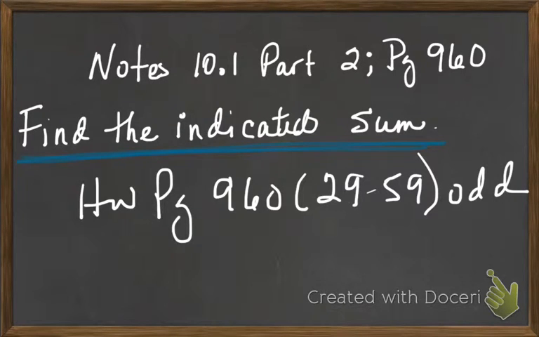The directions are going to say find the indicated sum, and we'll just talk about the summation symbol. It looks like a B, a really large E in a kind of funky font, but there will be a number at the top and a number at the bottom.